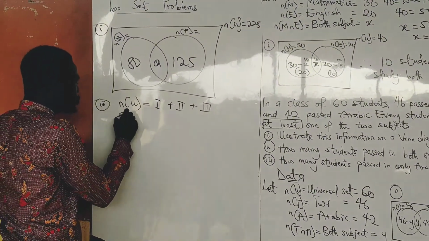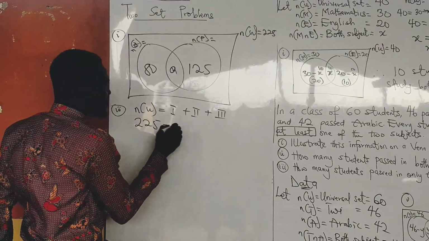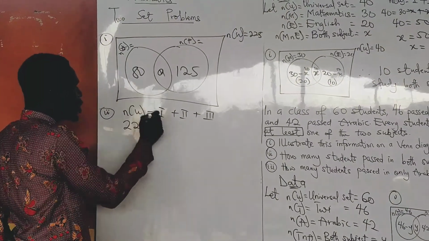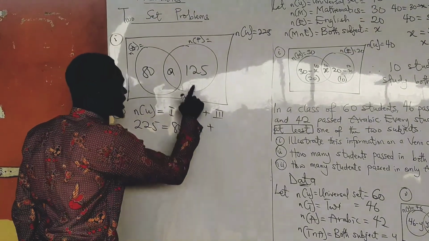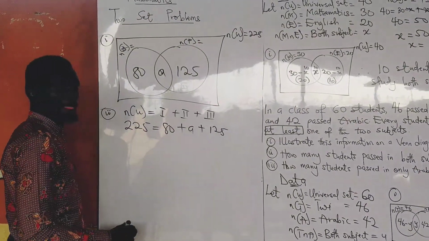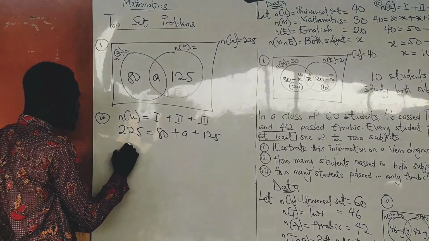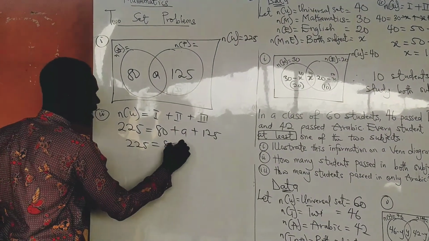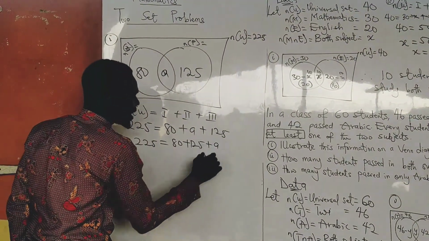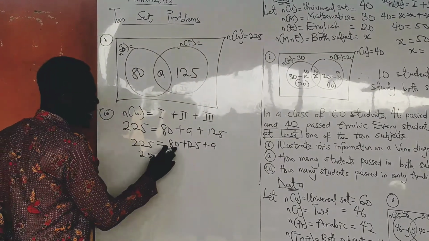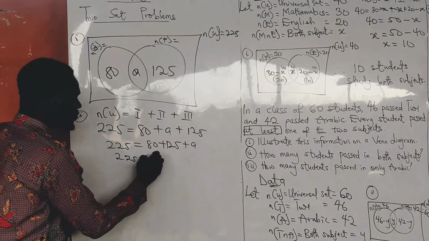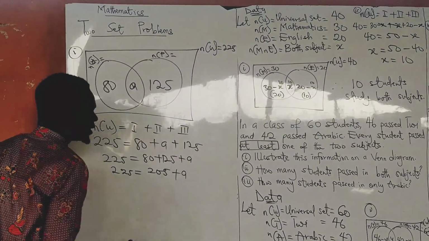So we have here 225, which is equal to region I only 80, region II A plus region III 125. So when you group like terms, you are going to get 225 is equal to 80 plus 125 plus A. 80 plus 125 will give you 205 plus A.